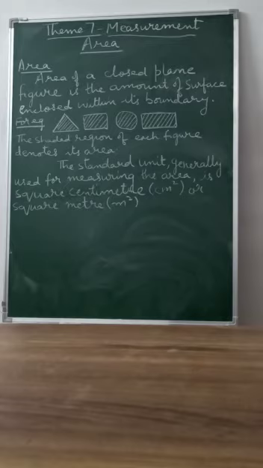In the same way, if I write 2, raised to the power of 2, on top of meter, it will be called meter square. So when we write the units after solving the questions of area, we will write the unit in this form only, like centimeter raised to the power of 2 or meter raised to the power of 2, which we call centimeter square and meter square.